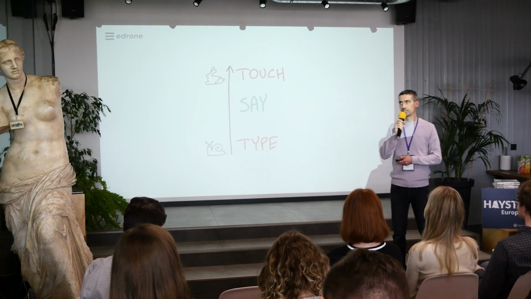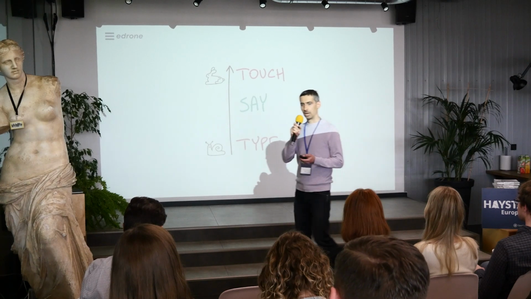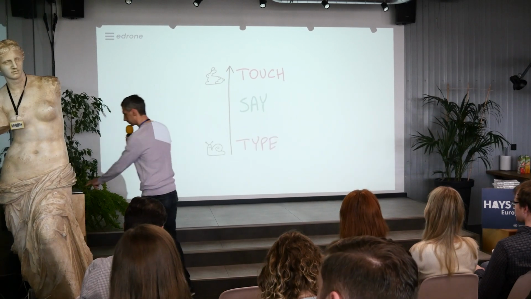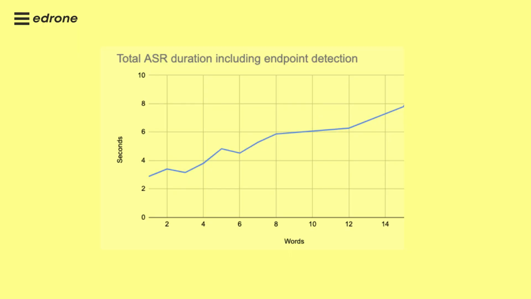So speech is faster. How much faster? Well, here's a graph again from our test. So what you can see here is the number of words that users uttered, and then there's the seconds. Now this is end-to-end ASR duration.